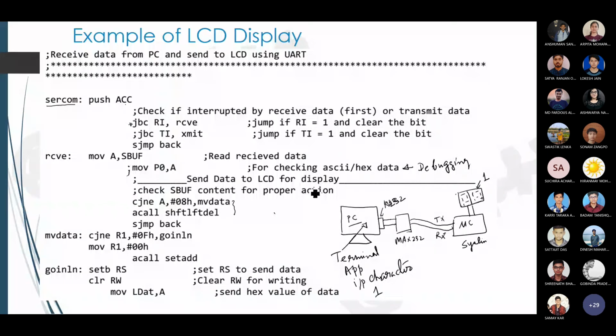So this will send, transmit, this will receive. So this is receiver end. And this is transmitter end. And you can come up with the full duplex mode of communication, right?